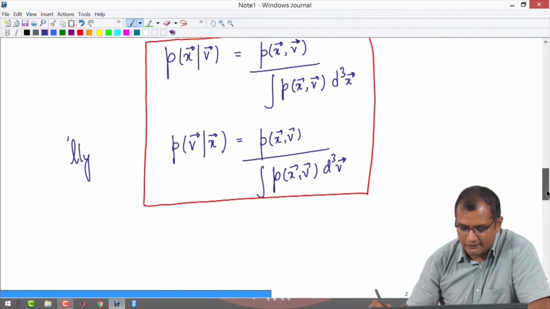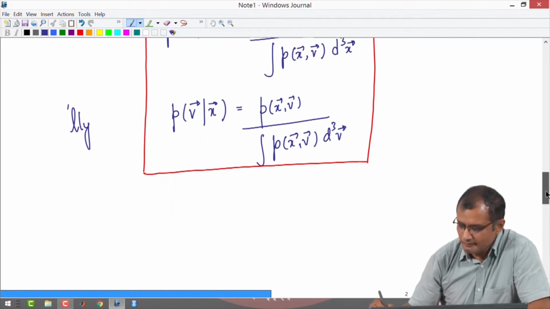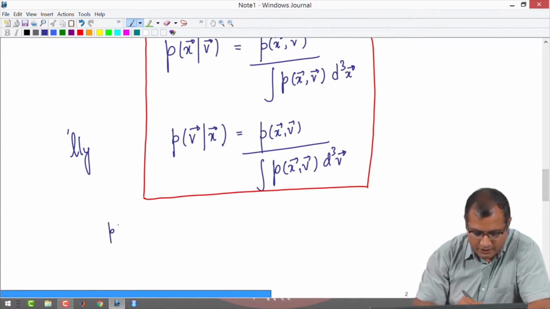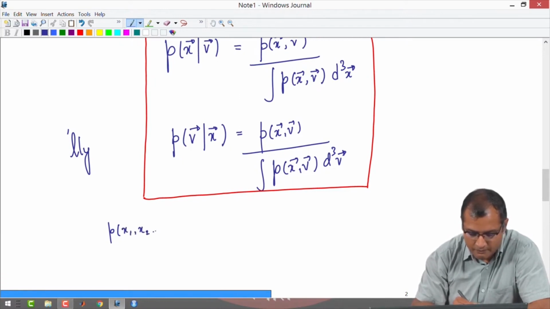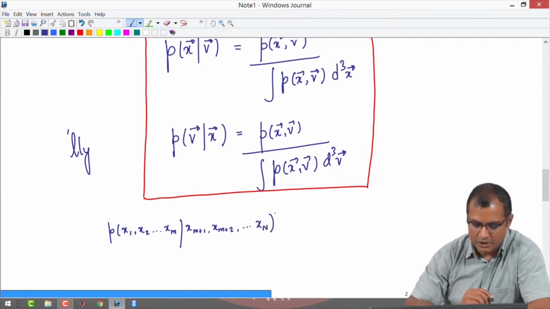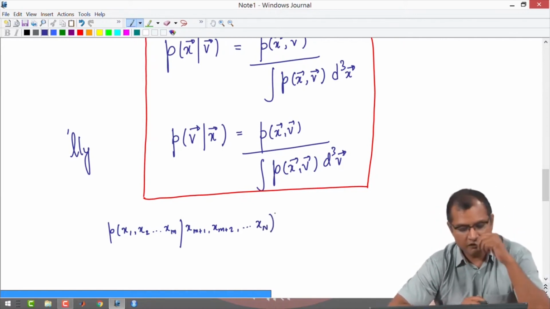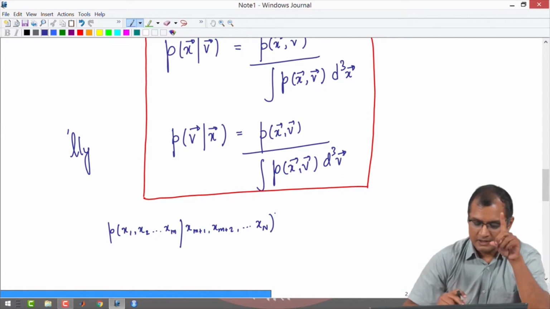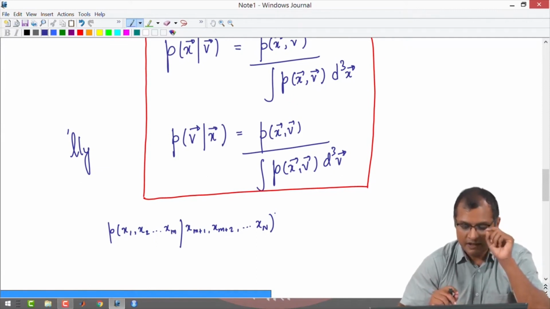So if you want that, out of the n random variables, you want information on a few of them, let us say up to m, such that the remaining random variables have taken up these values. Okay, so you are asking what is the probability of finding x1, x2, up to xm, such that variables from m plus 1 to n have taken these values.